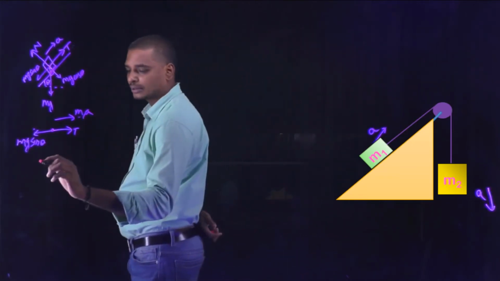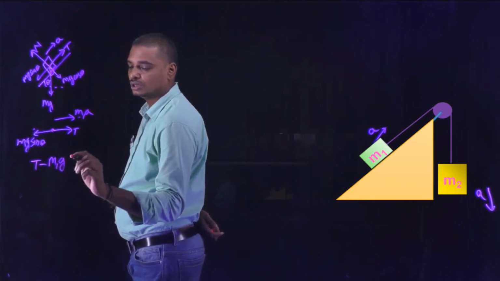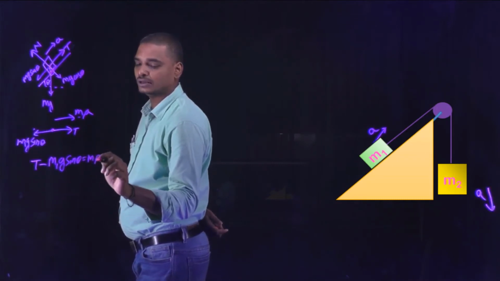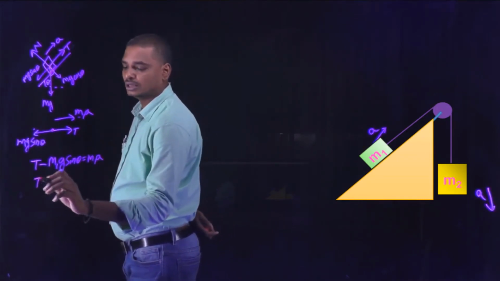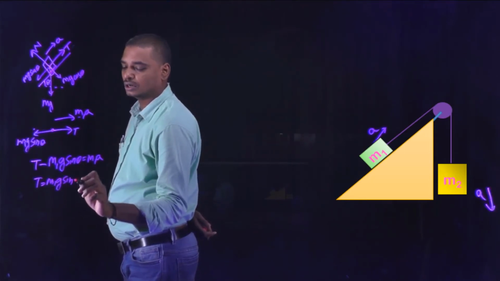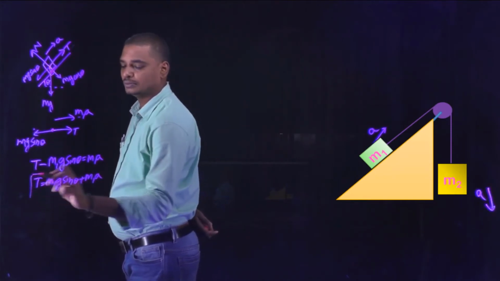So the equation can be written as T minus m1g sin theta is equal to m1a, or T is equal to m1g sin theta plus m1a. Let it be equation 1.